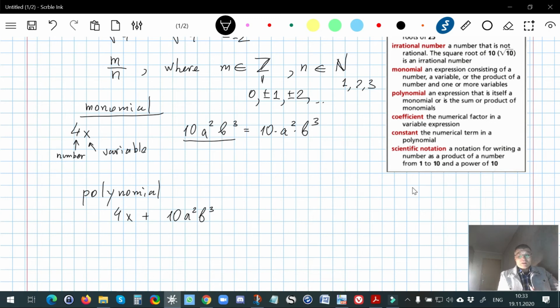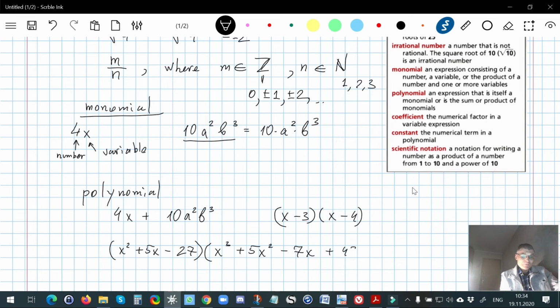And it can be a product, for example, x minus 3 and another x minus 4. This is also a polynomial. x squared plus 5x minus 27 times x cubed plus 5x squared minus 7x plus 43 is also a polynomial. All those are examples of polynomials.